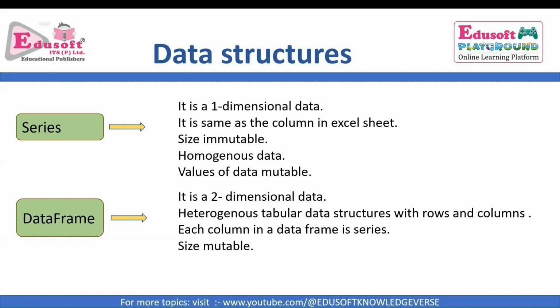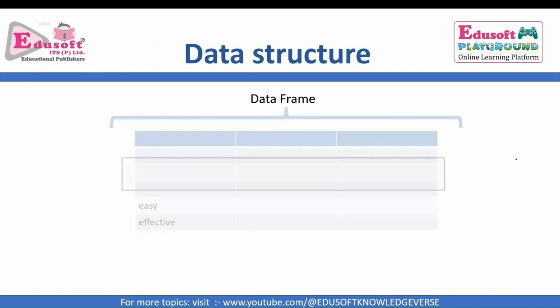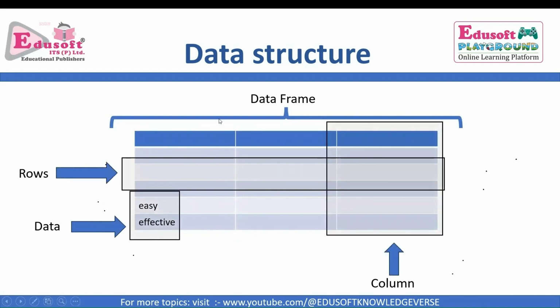So you can change the size of a DataFrame, but you cannot change the size of a Series. A Pandas DataFrame consists of three main components: data, rows, and columns. Here you can see this is your row, this is your data, and this is your column. Pandas data structures usually work on DataFrames.